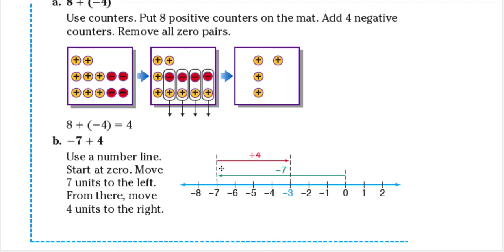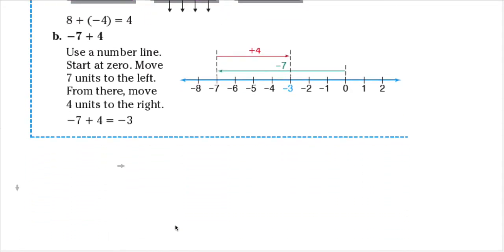Every time you add, you go to the right. Every time you subtract, you move to the left of the number line. So you end up with negative 3.